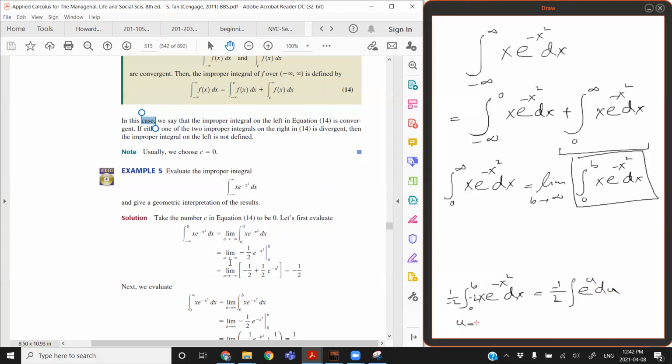And if u is minus x squared, then u is going to change from, plug in 0 here, you get 0, to b. If I plug in b here, I get minus b squared. So from 0 to minus b squared. Everyone's following?